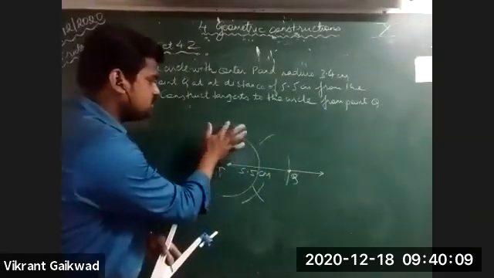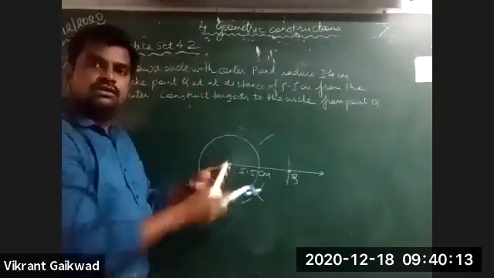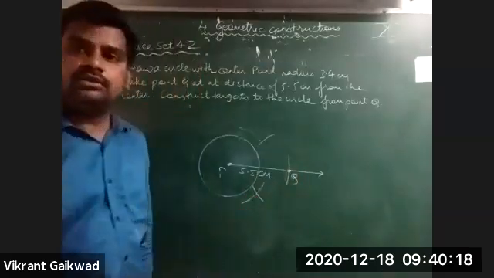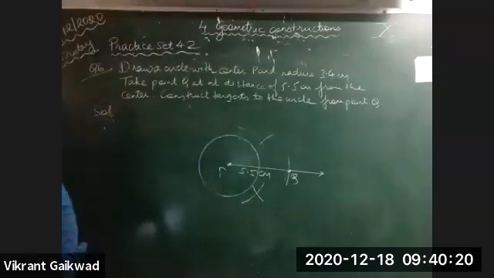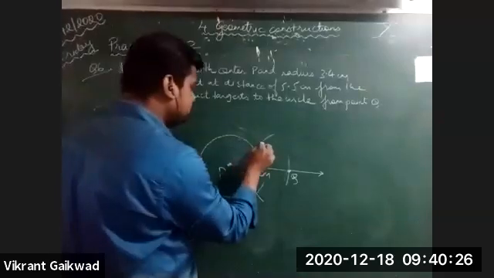Understood what I've done? Check. From P, arc above, arc below, same distance from Q, above and below. I've cut the two arcs, so I've got the two arcs which will intersect each other. I just join the two arcs.